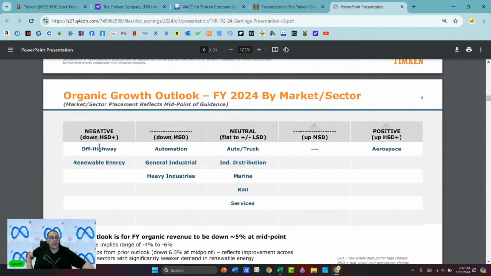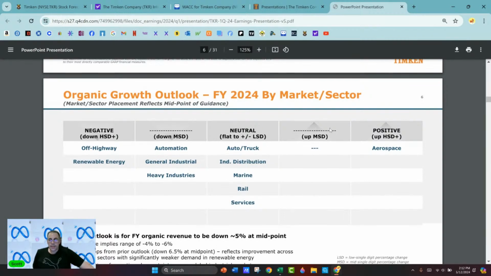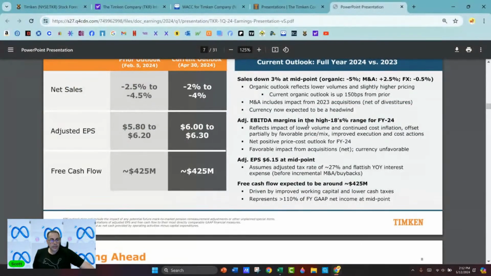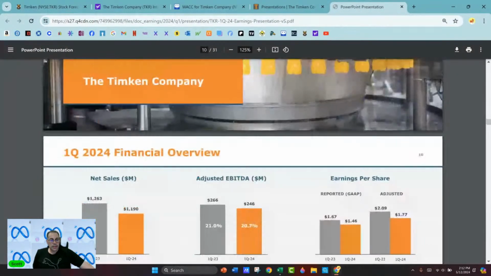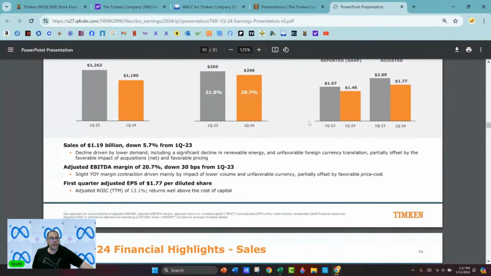Organic growth. So yeah, they're involved in all these industries, automation, rail services. So they probably have a pretty wide reach.